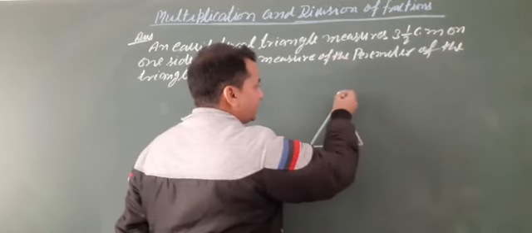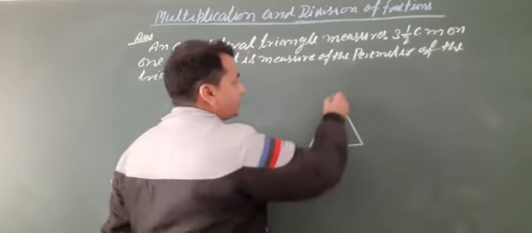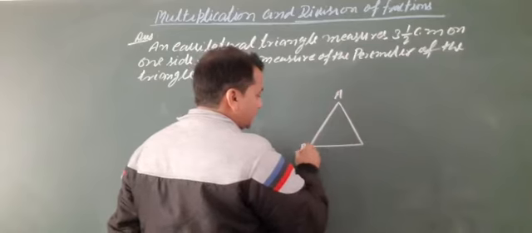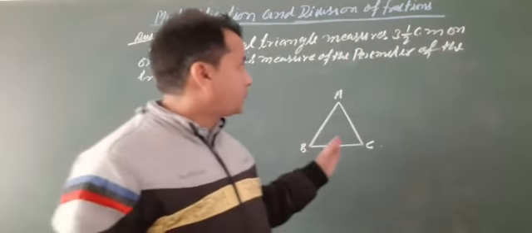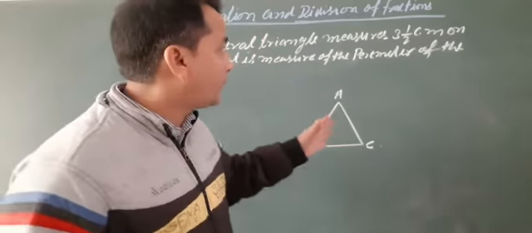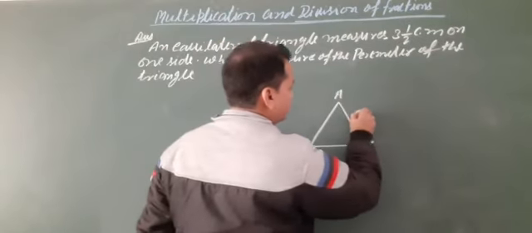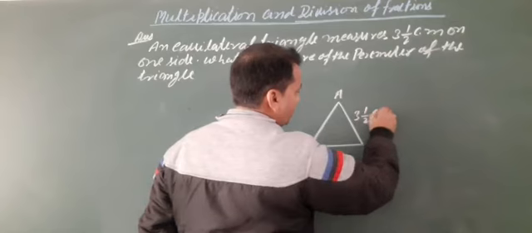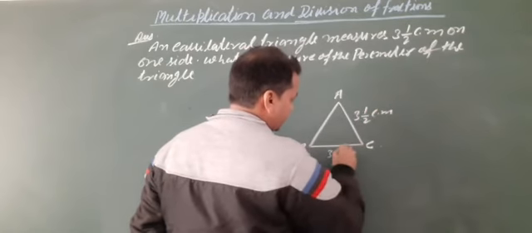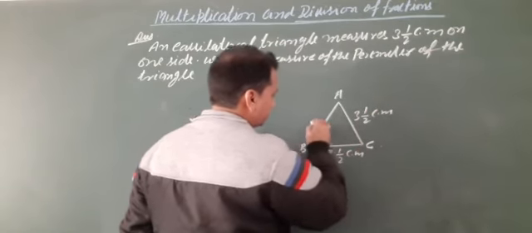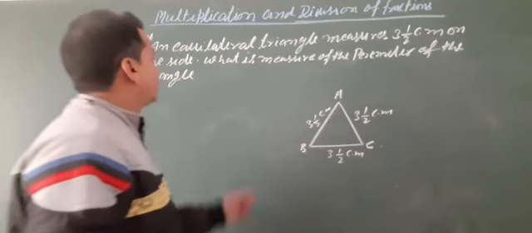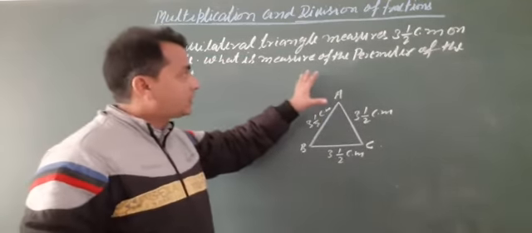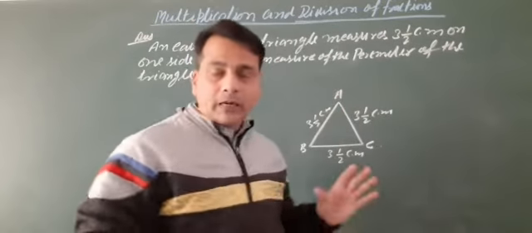Here is the triangle ABC, and that is an equilateral triangle, and each side of the triangle is 3 whole 1 by 2 centimeter. So what is the measure of the perimeter of the triangle?